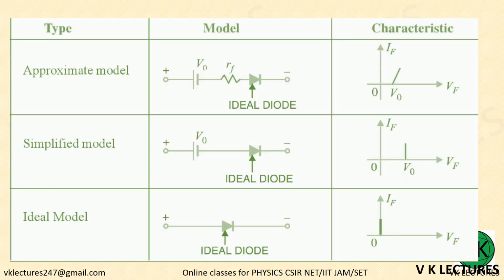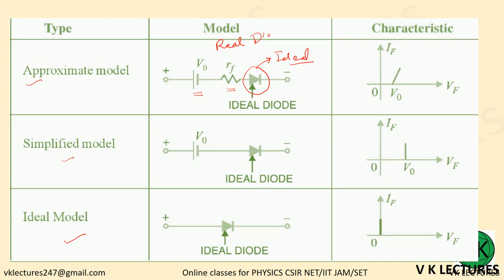Now here there are different models for a diode. There is an approximate model, simplified model, and ideal model. In the approximate model, the diode is converted into its barrier voltage V0 and the forward resistance RF, along with an ideal diode. So in the approximate model, you take what I can call the real diode.